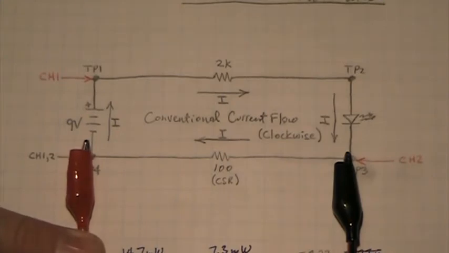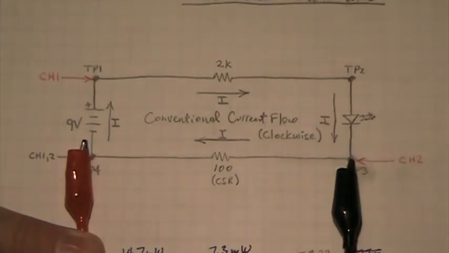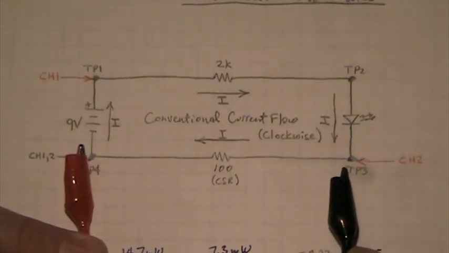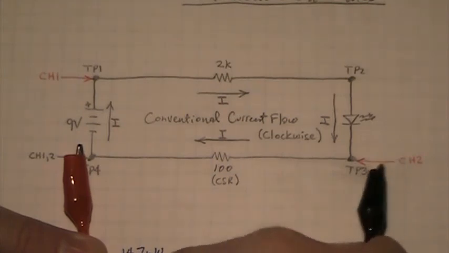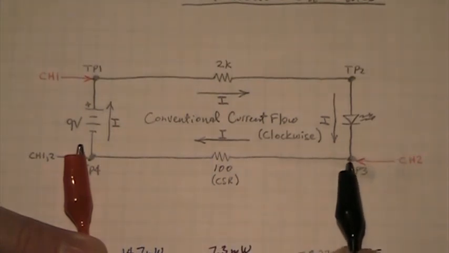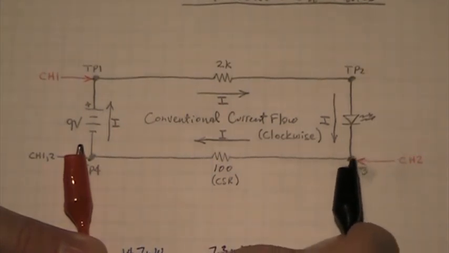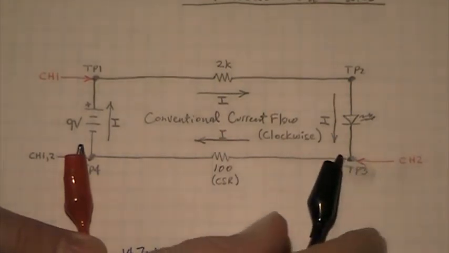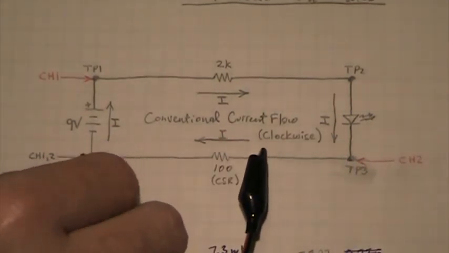Now you'll see that the probe terminals are actually inverted now, according to our oscilloscope configuration. We should actually have our channel 2 ground here and our channel 2 positive here.